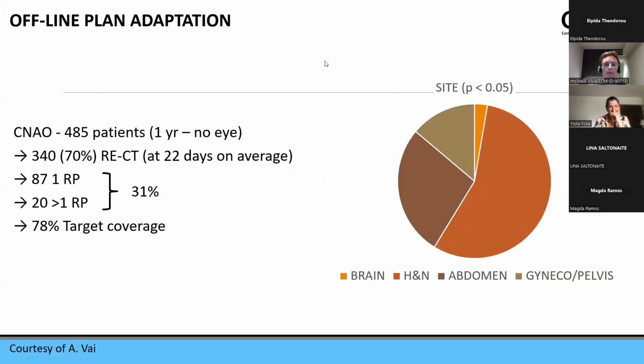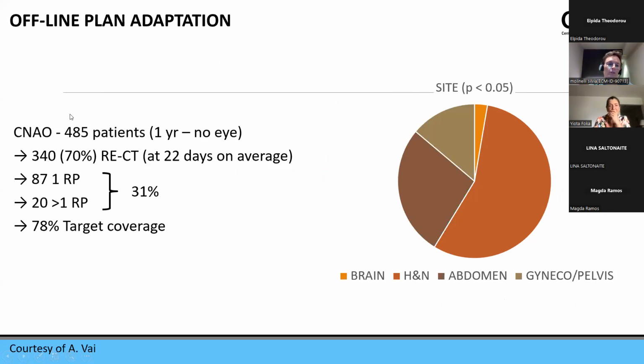And the drawback of this offline adaptation protocol is shown in a study that was recently performed by a colleague of mine and a visiting student.